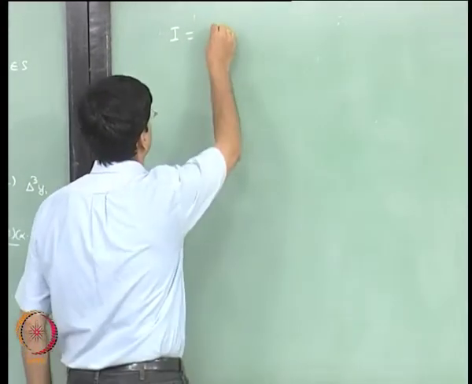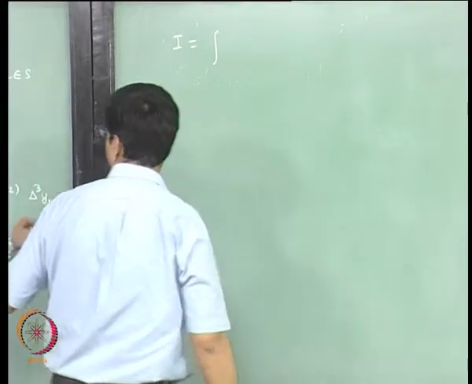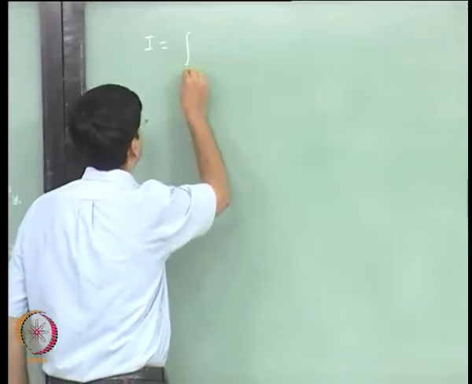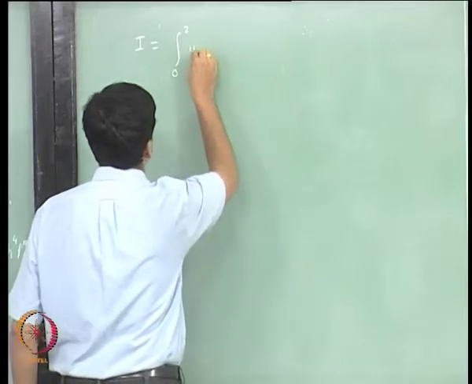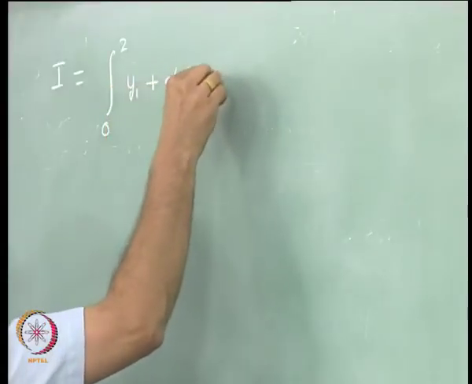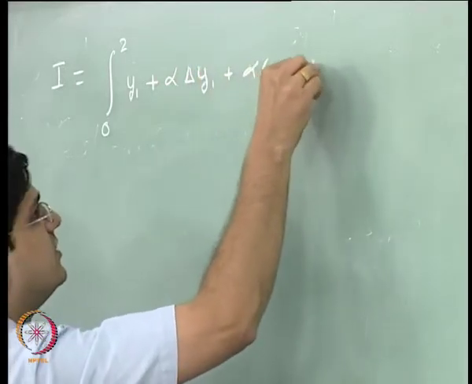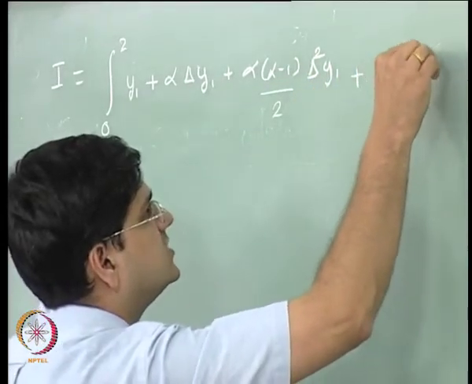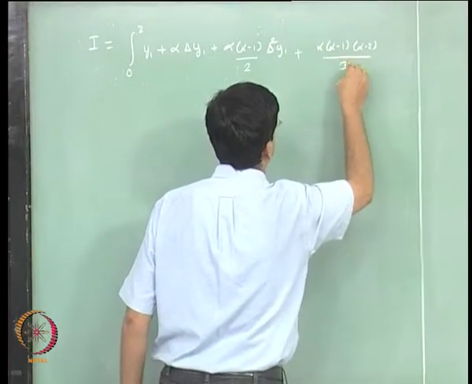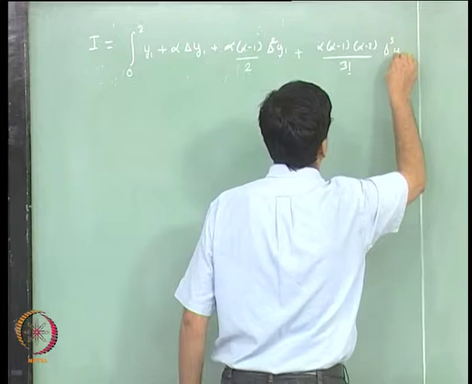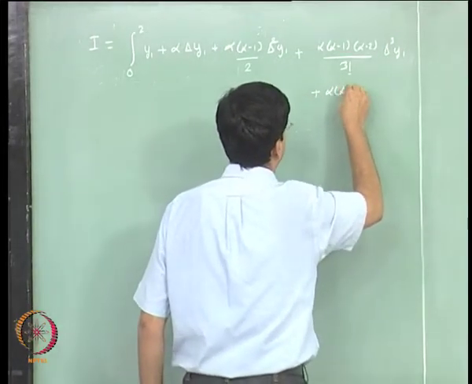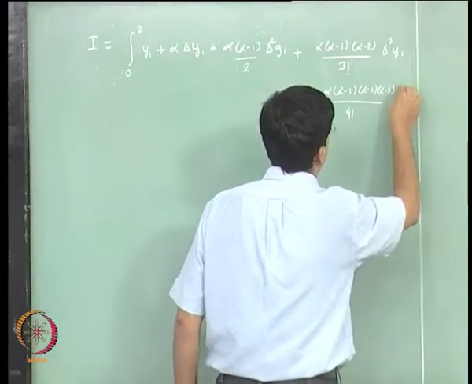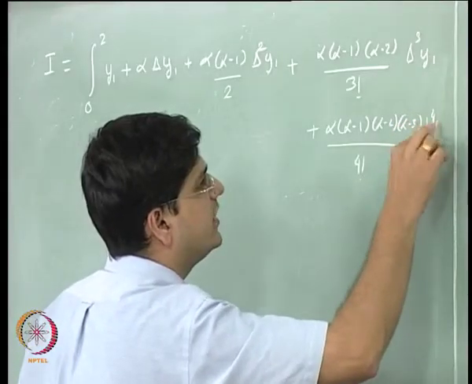Okay. So our integral I, the numerical integral I, is going to be the integral from x1 to x3, which is h equal to 0 to h equal to 2, so 0 to 2 of y1 plus alpha delta y1 plus alpha minus 1 delta squared y1 by 2 plus alpha minus 1 alpha minus 2 by 3 factorial delta cubed y1 plus alpha minus 1 alpha minus 2 alpha minus 3 by 4 factorial h to the power 4 f4 dash.